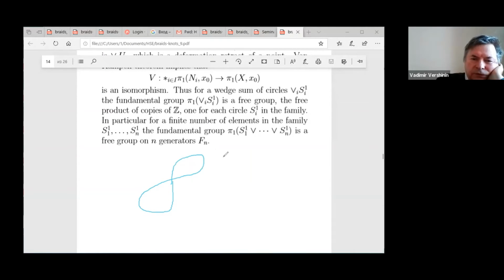We know that this is Z, this is Z, and the Seifert-Van Kampen theorem tells us that for the fundamental group of this, you should look at how these two circles intersect.